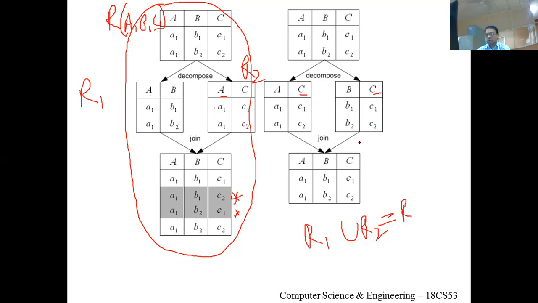Also R1 intersection R2 should not be equal to empty set. That means AC intersection BC, that is C, is not empty. And also we have to perform the decomposition in such a way that one of the candidate keys is present in the decomposed relations. Now C is the candidate key. So now this particular decomposition is not going to produce any spurious tuples.